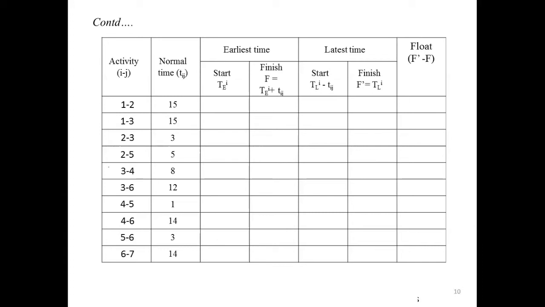Then next, after filling the given data in these two columns, you have to fill the earliest start time. To fill this column, you have to consider the earliest start time for the i node of each activity. For the activity 1-2, the starting node is 1.